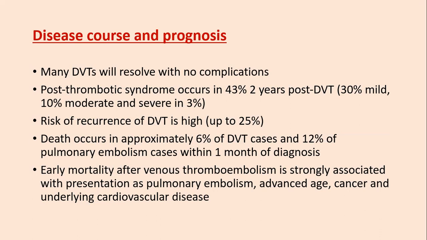Death occurs in approximately 6% of patients with DVT, and 12% of pulmonary embolism cases within 1 month of diagnosis. So 12% of the DVT patients will end up in pulmonary embolism, and only 6% of them will die.